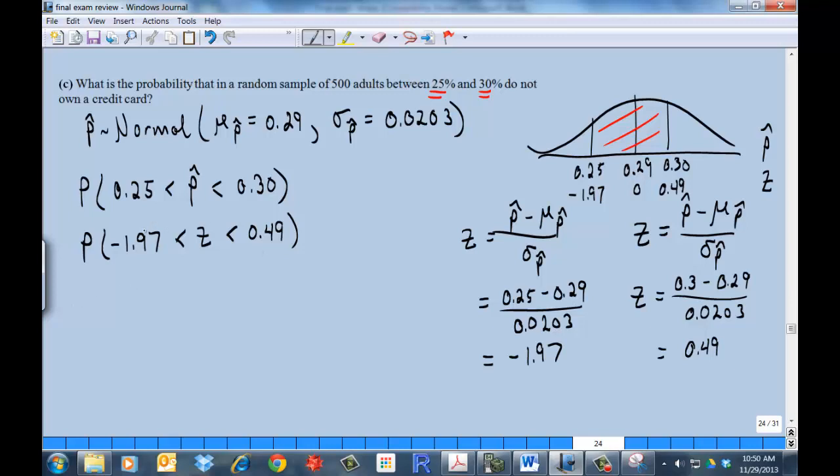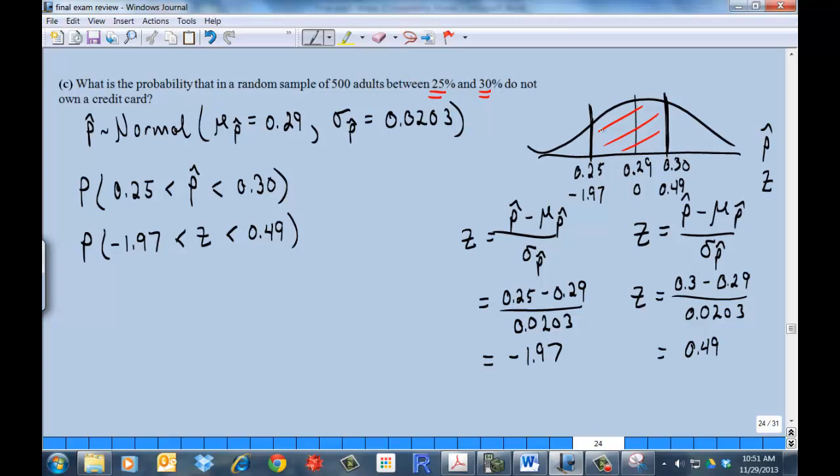Now we have to find the area in between two values, and we've looked at this several times. Remember, if we look up the z-score of 0.49, we get the area from this point all the way back. And when we look up the z-score minus 1.97, we get the area from this point all the way back.